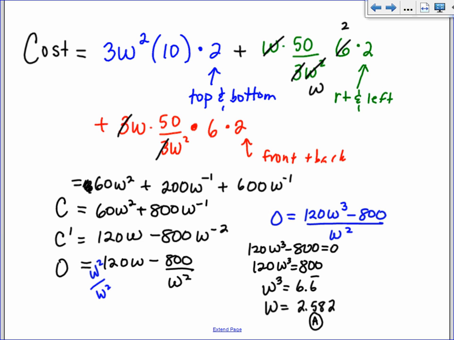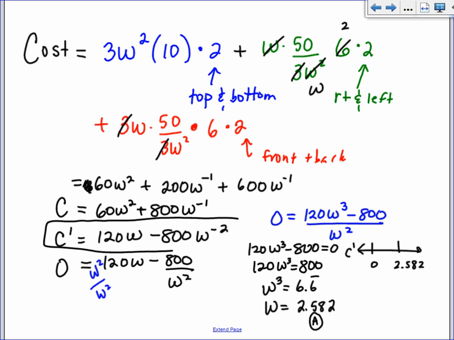Yes, I know. All right, so basically you want to verify that this is the minimum. So you would still think about your number line, C prime. You'd put 0, a critical value, and 2.582 on there. And if you try 1 in the derivative, I would get 120 minus 800, so it's negative.